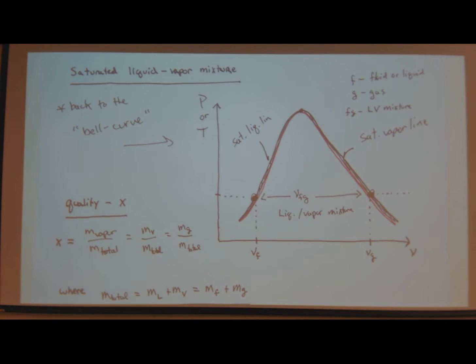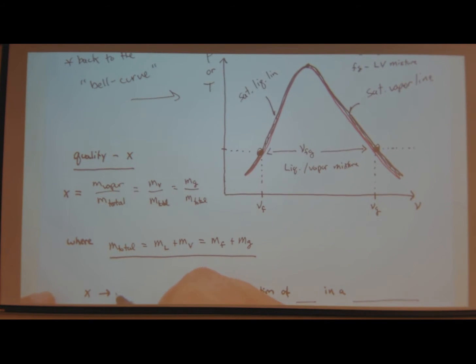So back to the bell curve, temperature or pressure doesn't matter. I want to discuss the ramifications of this vfg, because a lot of times in your calculations you'll be looking at the vapor quality or the quality factor. So x can also be called vapor quality.